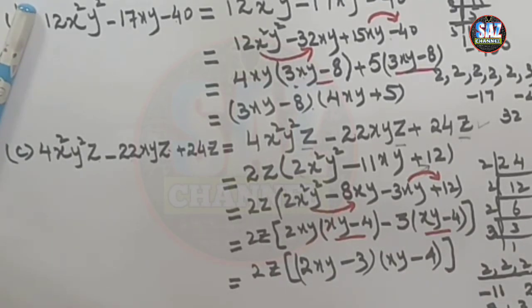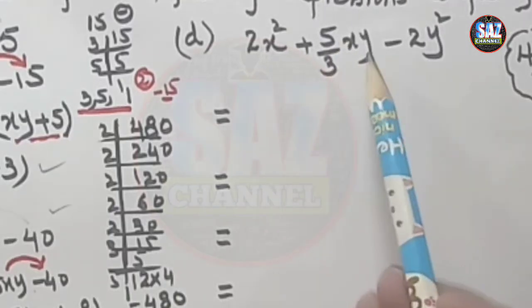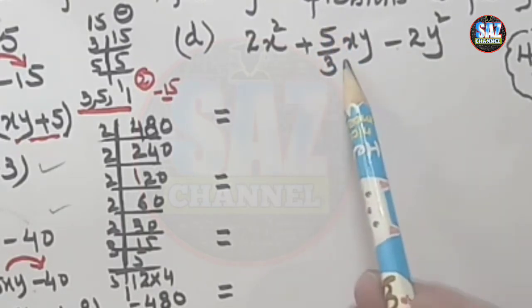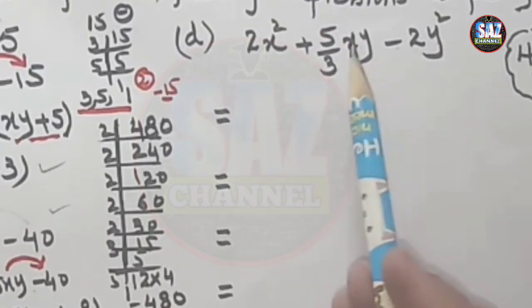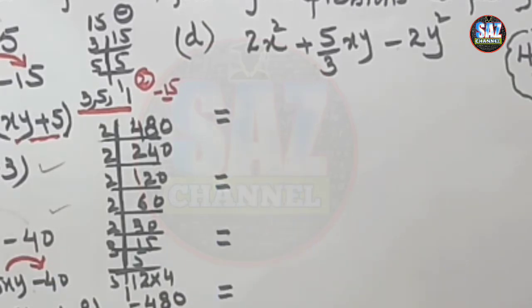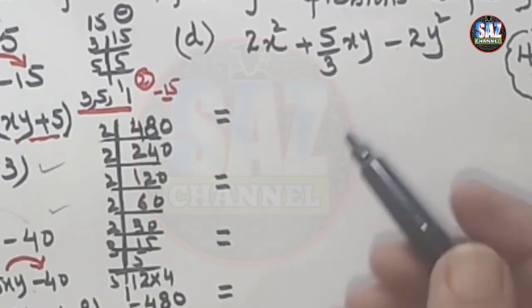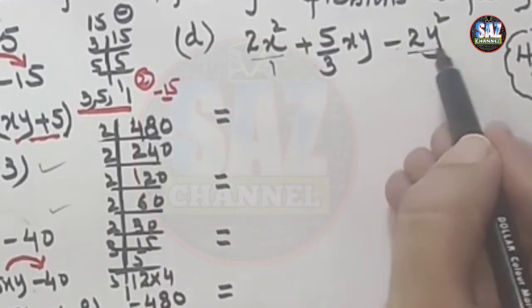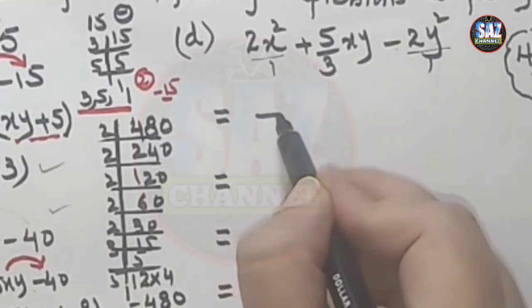Let's move to the next question. Next question is 2x square plus y by 3xy minus 2y square. The question contains one fractional coefficient, so it is better to remove that fraction by taking the LCM, and the LCM of the question will be 3. Take the LCM.